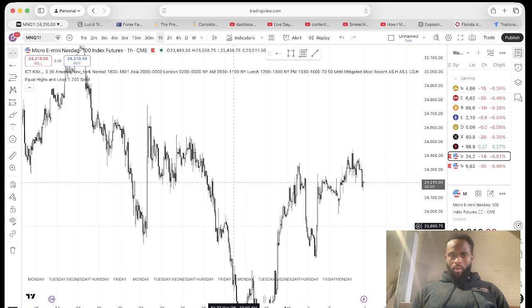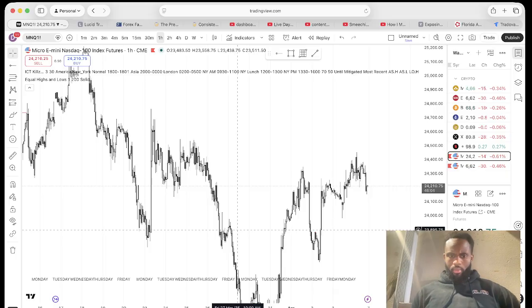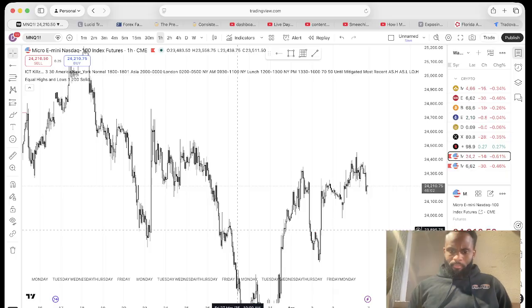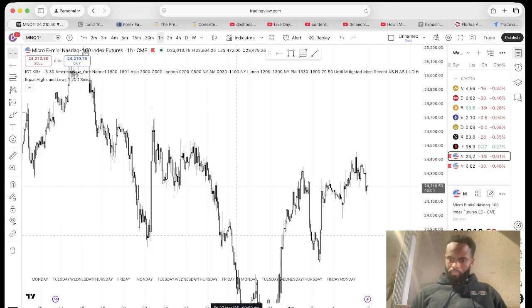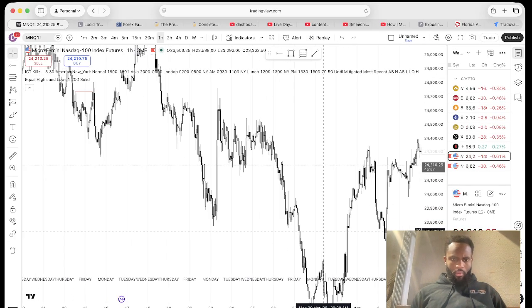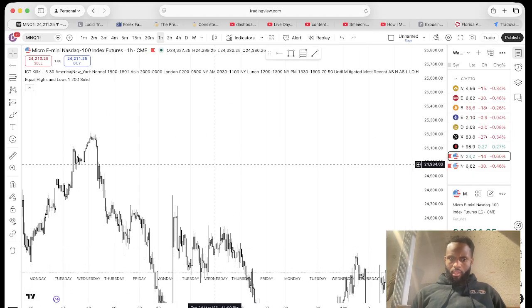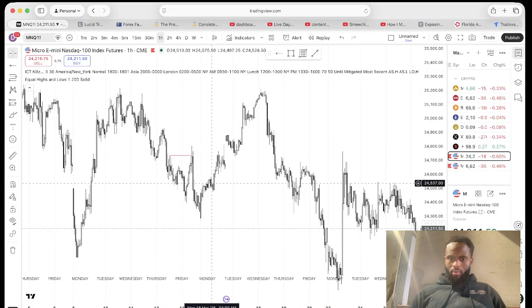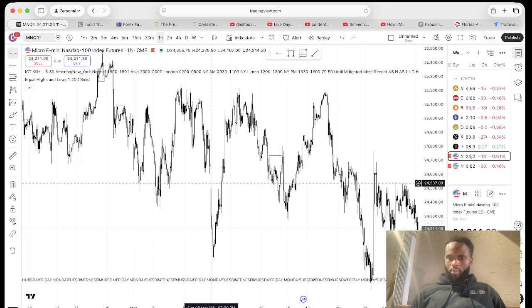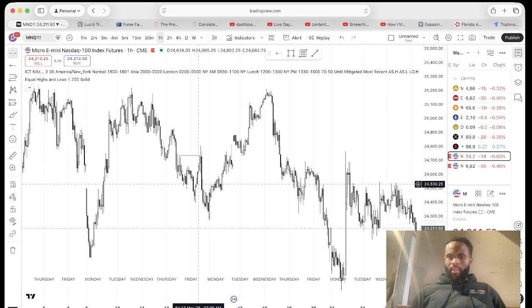Trying to figure out what else I should be talking about. Yeah, we also have equal highs as well. Equal highs, sometimes we could use that. This is a good indicator that the market likes to draw into.